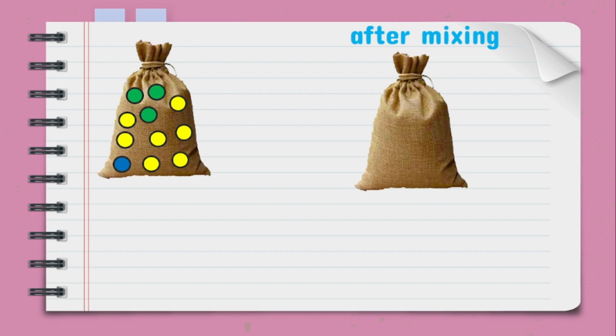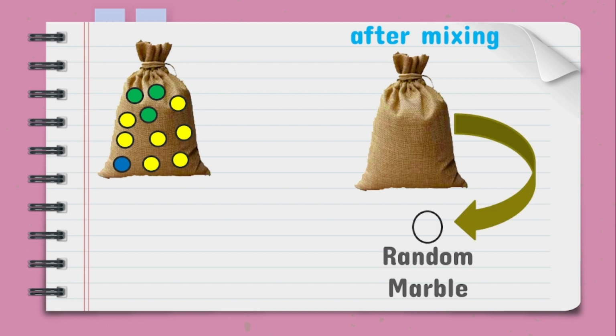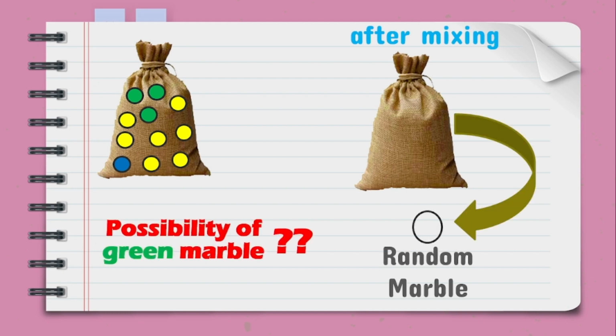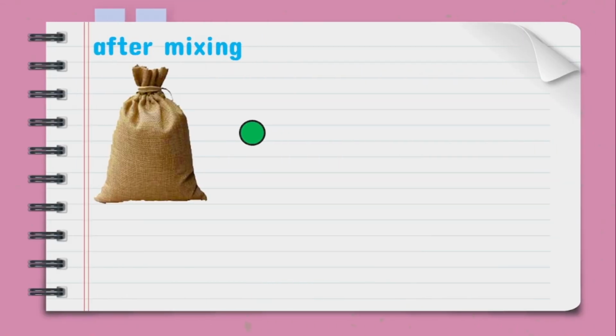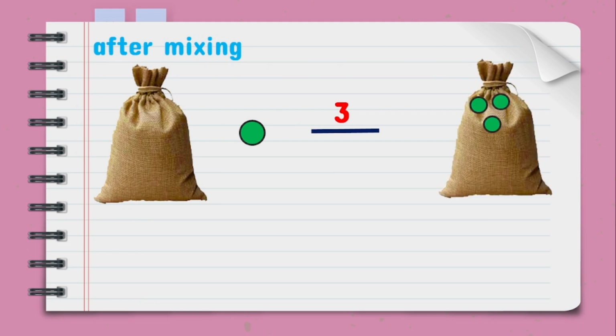Let's look at another example. Suppose we have a bag of marbles. There are 3 green marbles, 7 yellow marbles and 1 blue marble. As we mix them up and pull out a marble at random, what is the probability of it being green? Well, the top number of our probability fraction will be 3 because there are 3 green marbles.